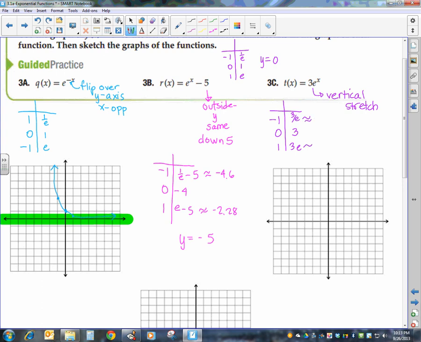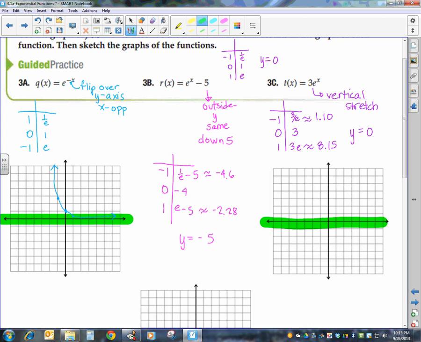Again, put it in a calculator to get an estimate. 3 over e is about 1.10, and 3 times e is about 8.15. My asymptote y equals 0 times 3 is still 0. So I'm safe with my asymptote.